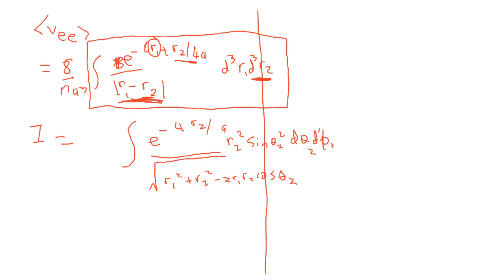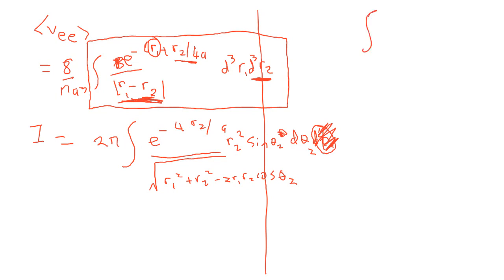Now the full integral doesn't really depend on this d phi 2, so that will just give you a 2 pi. It's easy to do. Right. Then we will be left with the integral.